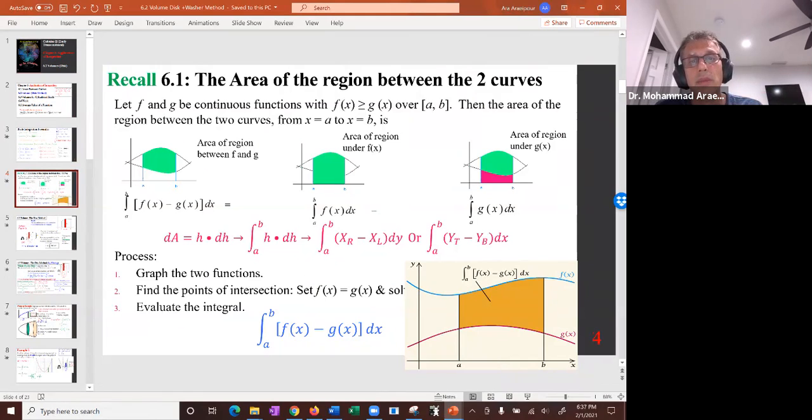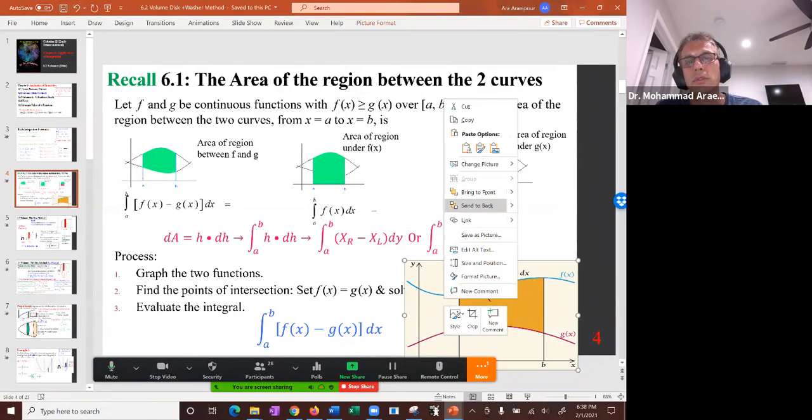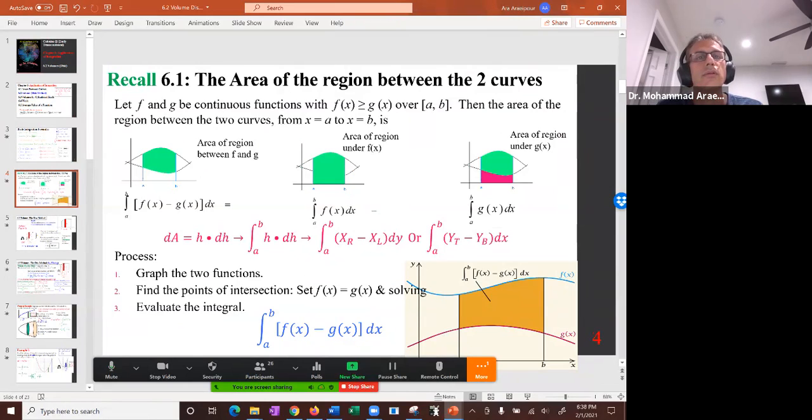And the main thing I want you to remember is dA is h dh, and you figure out what is the height and what is the h, and you are in good shape, okay, class? So it's important that you figure out what you need to do.